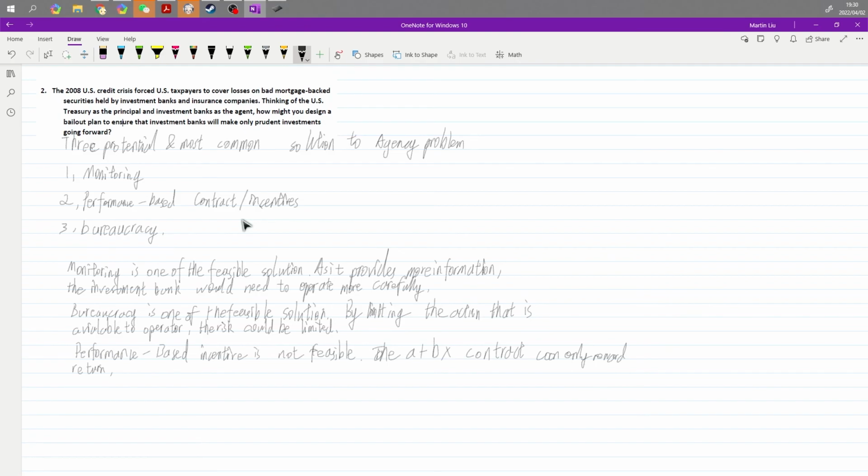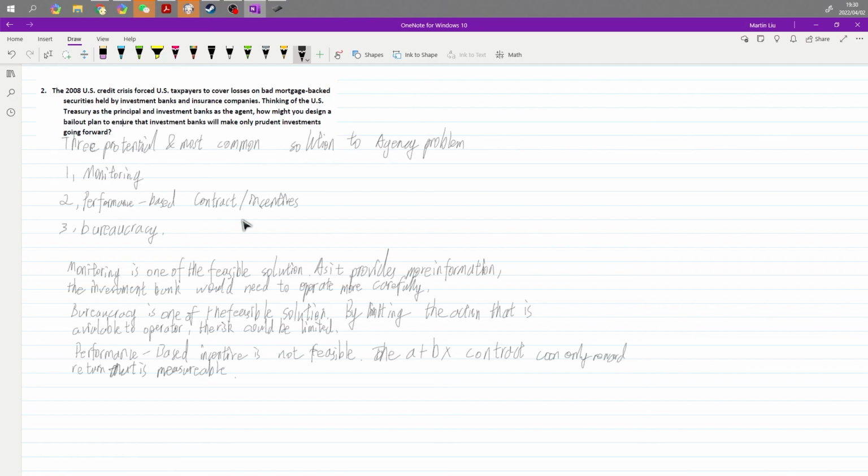The contract can only reward returns that are measurable. But in terms of risk, we are not quite sure how to measure it. Even though the financial people do have an entire system for measuring it, those are not so solid, and not so immediately reflected on the payoff sheets.